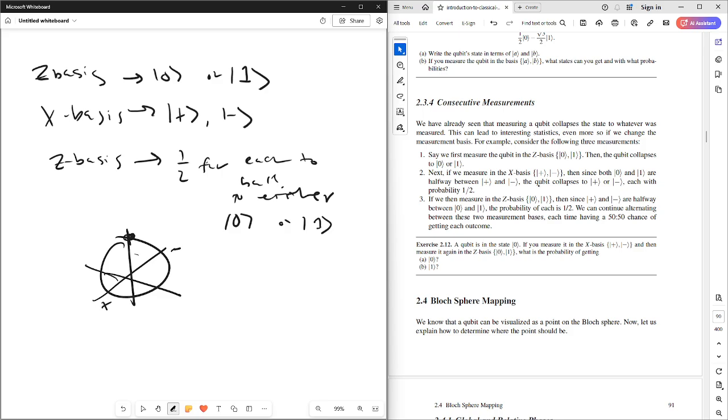With 50% probability it'll go to plus, 50% probability it'll go to minus. And then once again, if we measure, either going in here or here, there's a 50% chance of it going back to 0 or to 1 when we measure back in the z basis.